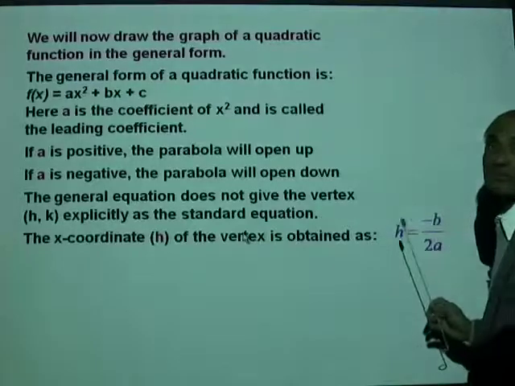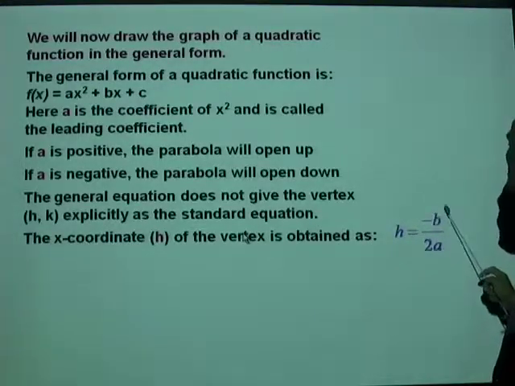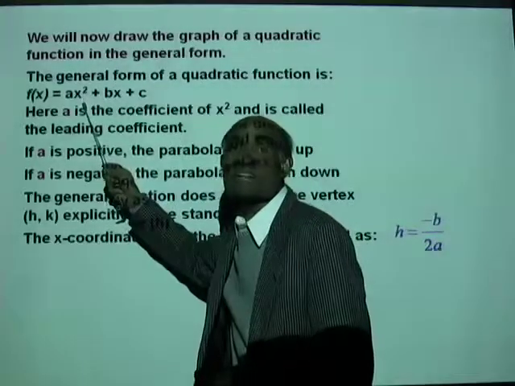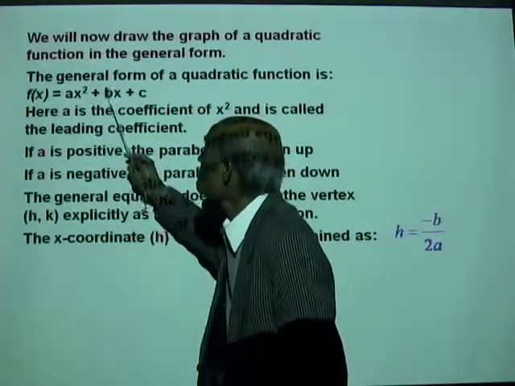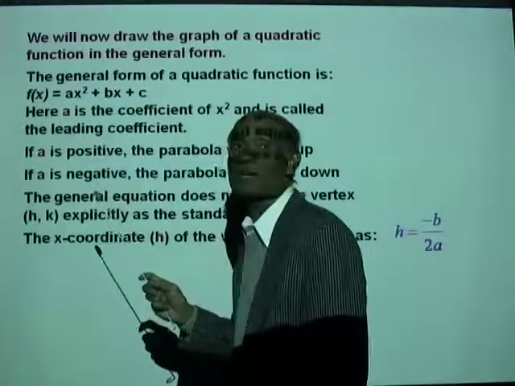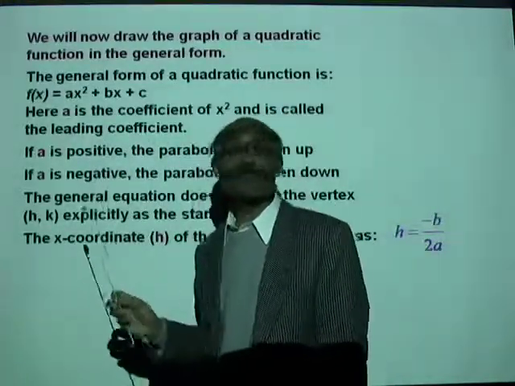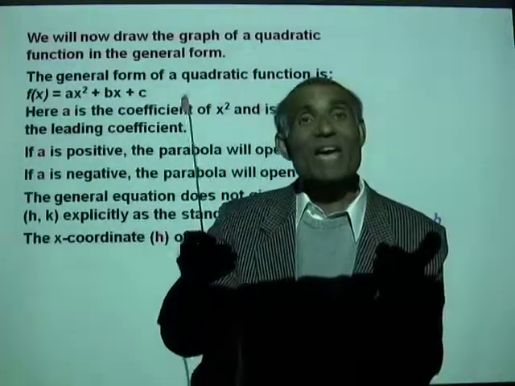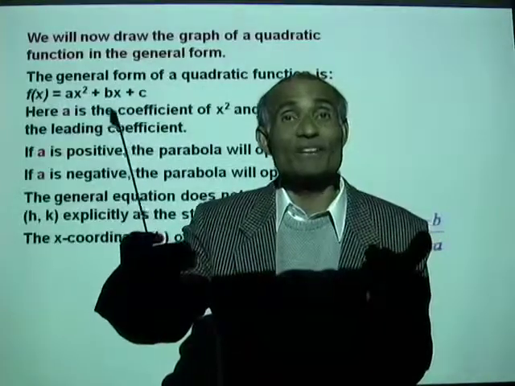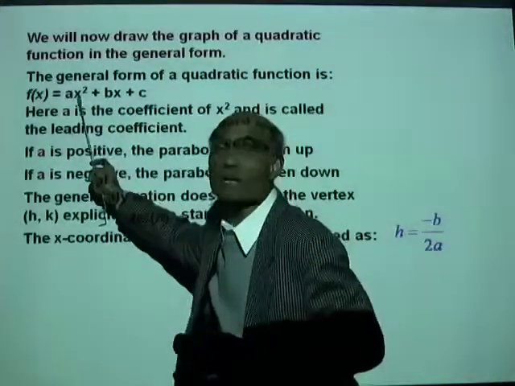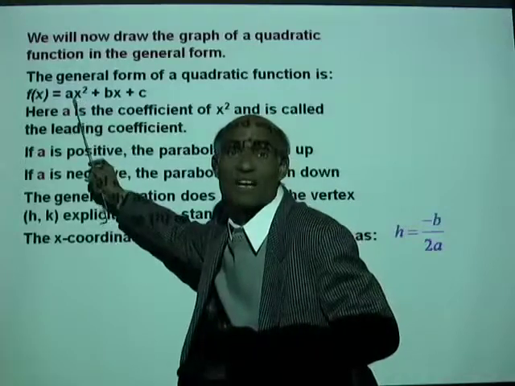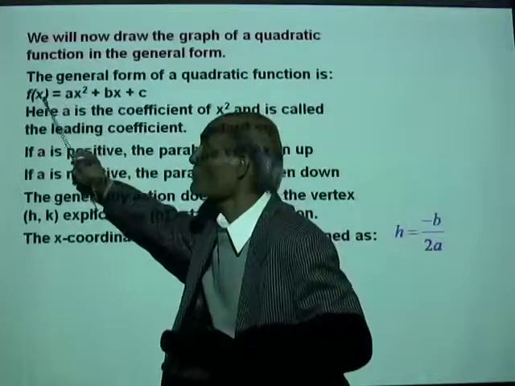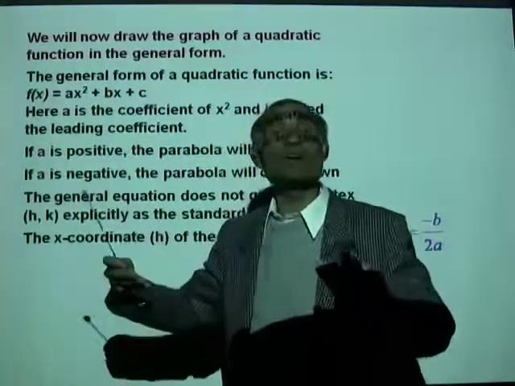Look at this: h = -b/(2a). So you can calculate h as -b/(2a), and once you have the value of h, remember h is the x coordinate and k is the corresponding y coordinate. So once you have h, you bring that value of h here in place of x and solve this equation. The corresponding y value will be your k.